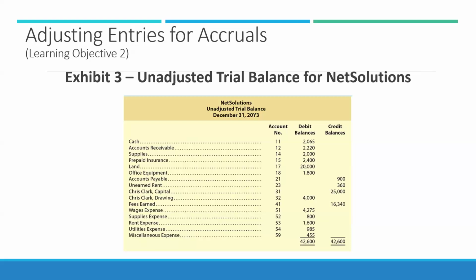So here we see an unadjusted trial balance. This was after we recorded all the transactions, we posted them. Here is our unadjusted trial balance. In order to arrive at our adjusted trial balance, we need to report these adjusting entries.